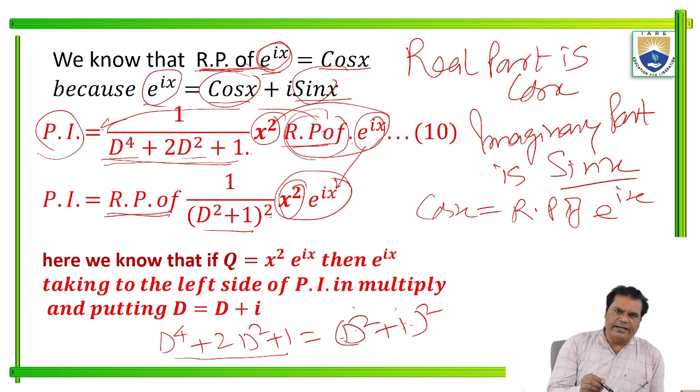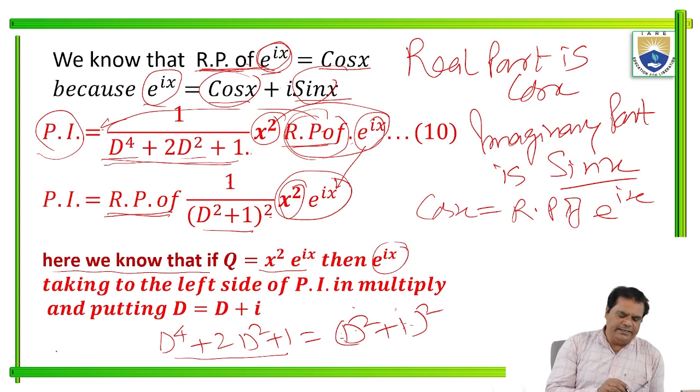Comparing with e to the power ax, a is i here. So putting D equal to D plus i.